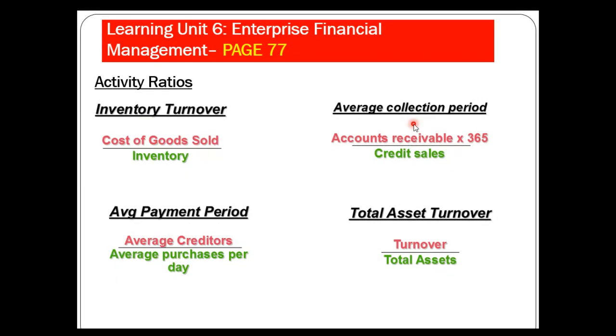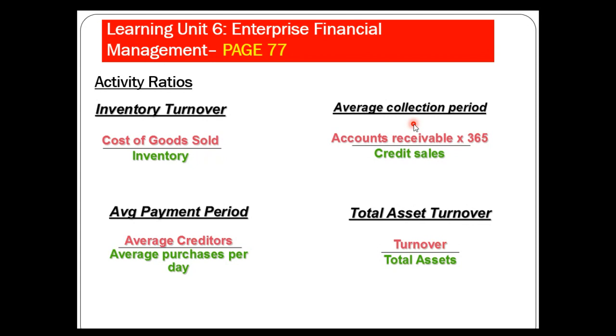The other one we've got is the average collection period. Remember that when you are selling to customers, sometimes we sell on credit, sometimes we sell for cash. The minute you sell on credit, it means you are going to have what you call debtors. The other term for debtors is accounts receivable.